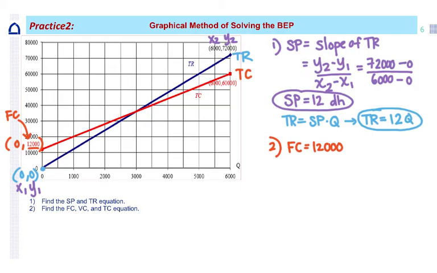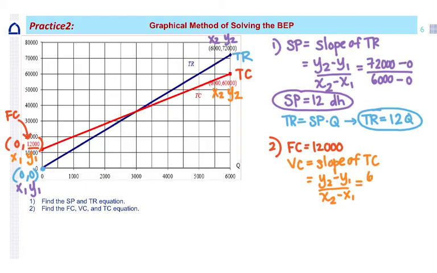The variable cost, the way you find it from the total cost graph is you find the slope. Okay, slope, just like we did above, slope is the change in y divided by the change in x's. So what points do we use for that? We use the endpoints of the cost graph, x1, y1 here, x2, y2 here.